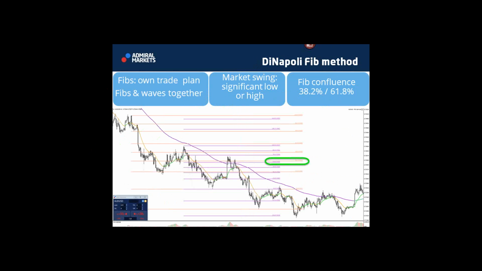DiNapoli was referring to market swing highs as significant lows or highs, and he acknowledges that this is very difficult to identify if you're just starting out. But as you get more market experience, you will be able to recognize those swing highs and swing lows, those significant highs and lows, as he called it, more easily.